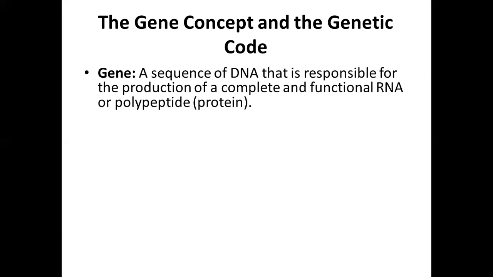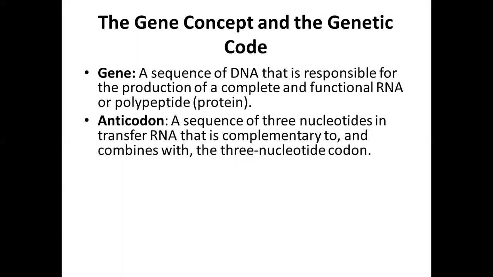So a gene is simply a DNA sequence responsible for production of a complete and functional protein. And then we have what is called an anticodon, which is simply a sequence of 3 nucleotides that is found in transfer RNA. And this sequence of the nucleotides is complementary to the codons, to the 3 nucleotide codons.